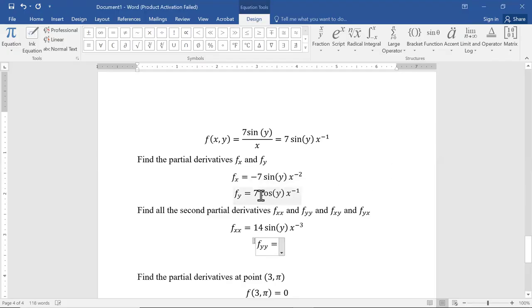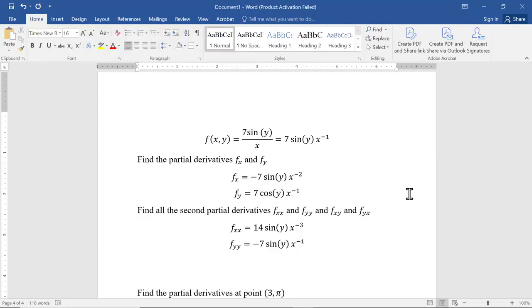Well, the derivative of cosine of y is going to be negative sine of y. So I'm going to end up with -7 times sine of y times x to the -1. That x to the -1 I could have brought up front and treated like a coefficient of the cosine function. I'm not going to do that. I'm not going to bring it up front every time. I'm just going to be able to see it, hopefully.